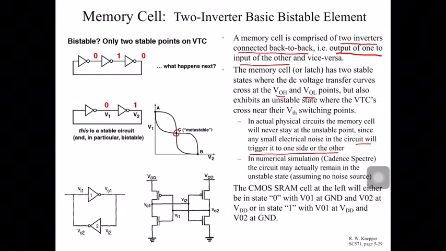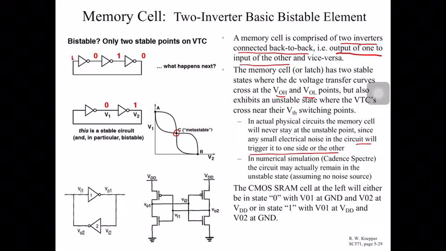In a numerical simulation, either in Cadence or in Microwind, the circuit may actually remain in the unstable state. So this is an example. When you did the ring oscillator, for example, you had the input here as 1, and then you have a 0 output of the inverter.